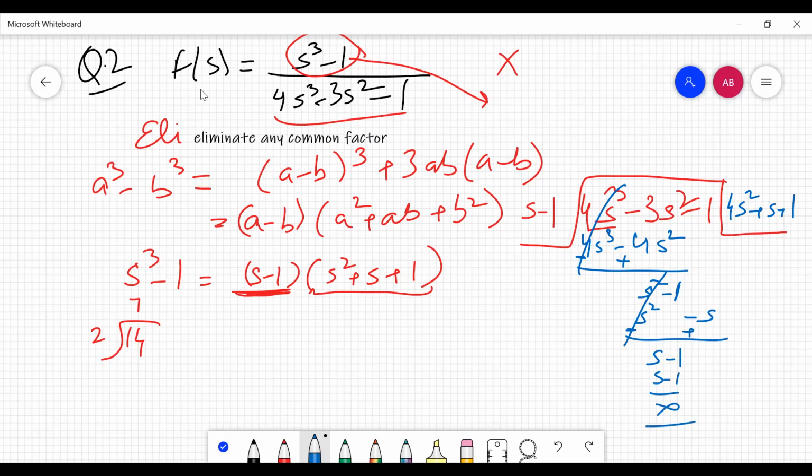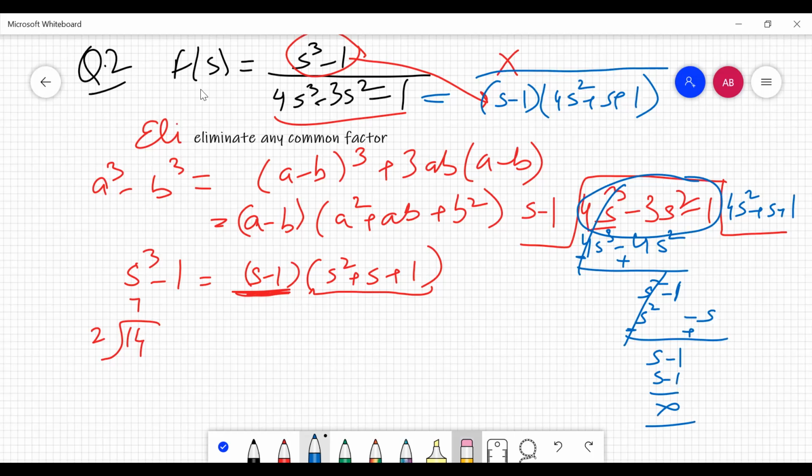That means you have got the factor of this polynomial, you can write it as s minus 1 multiplied by 4s square plus s plus 1. So in both the numerator and denominator, this s minus 1 is a common factor, and you need to eliminate that before coming to any conclusion on whether the given function is positive real or not.